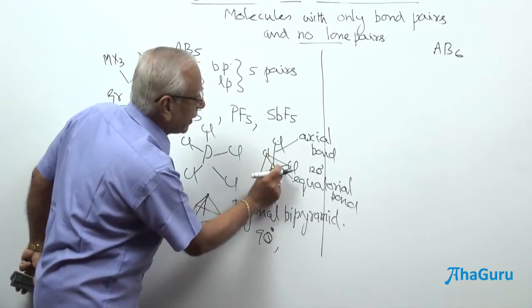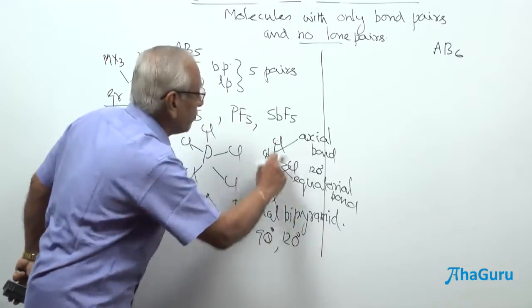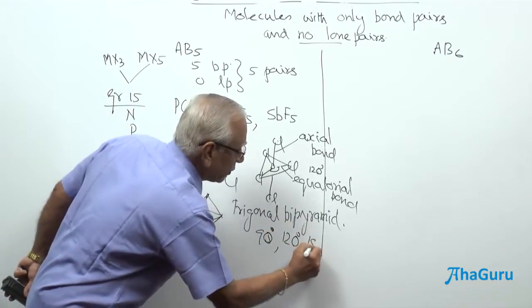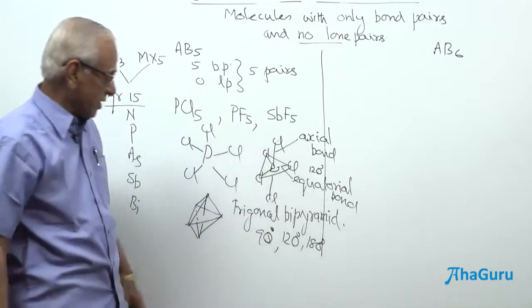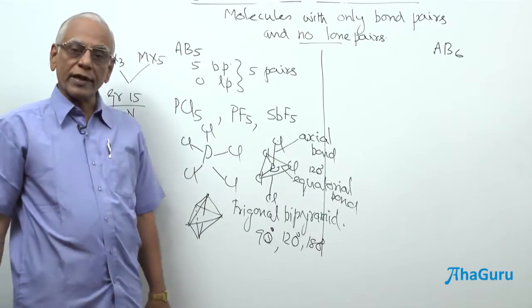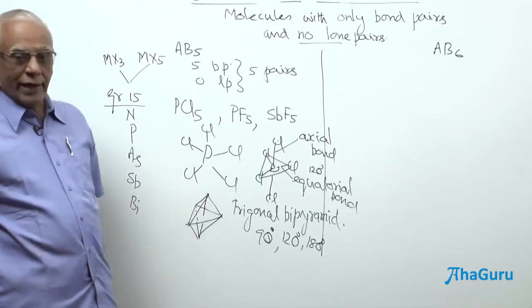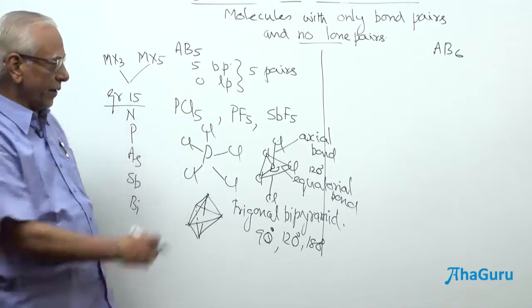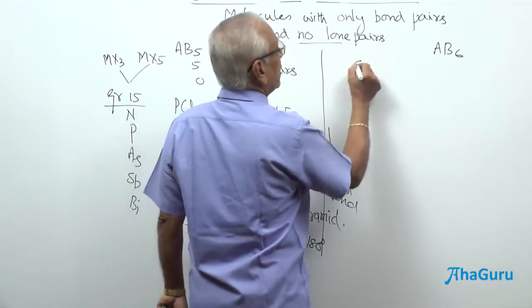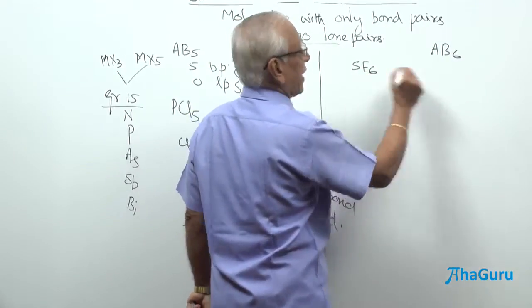What should be the bond angle here along the plane? 120. And what should be the bond angle between 2 axial chlorine atoms? 180. Therefore, my dear students, please understand there are going to be 90, 120, 180. And such a structure is known as trigonal bipyramid. My dear students, we shall take up AB6. I can take SF6, sulfur hexafluoride.